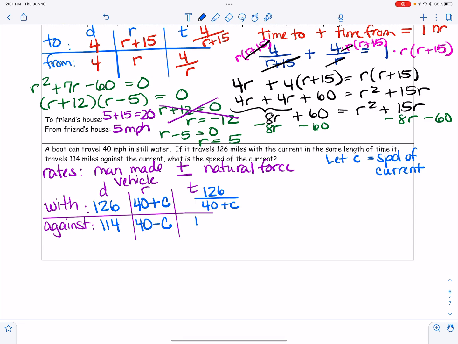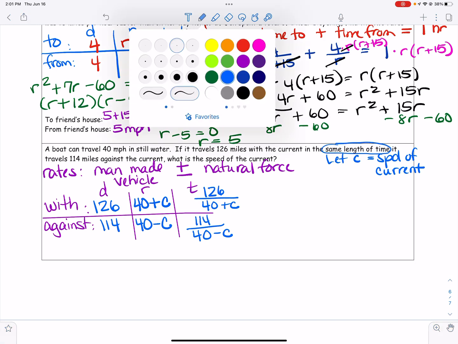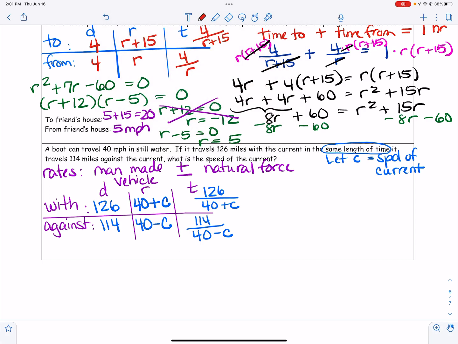And then against, it's going to be the distance over the rate. And so since it says, here we go, same length of time, we're going to set these two equal to each other. So 126 over 40 plus C is equal to 114 over 40 minus C.